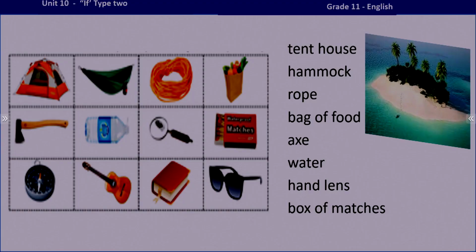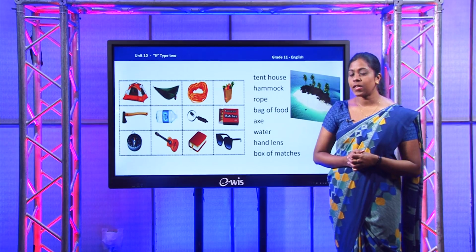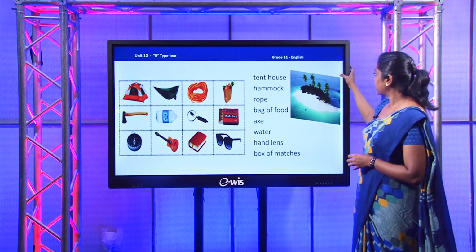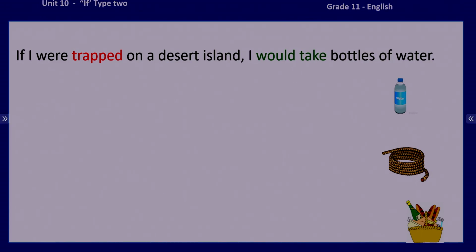Just pick the most important, most necessary items from this box and we are going to write sentences based on that. Look at the first one. If I were trapped on a desert island, I would take bottles of water. Right? Because you need a lot of water to survive.